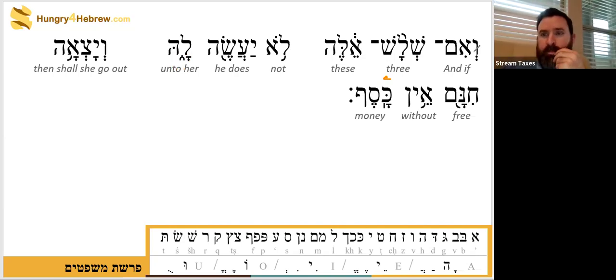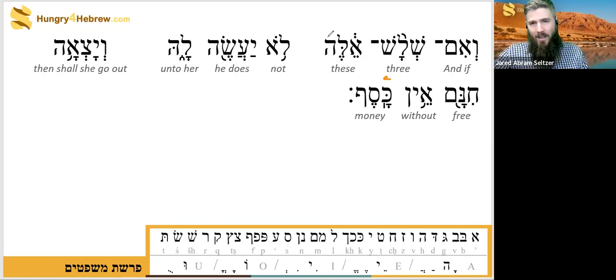Okay. Ve'im shlosh ele, and if the three of, where did the cholam go? It had to drop down because now it's in a closed, unaccented syllable. And if the three of these, lo ya'aseh lah, he will not or does not do for her or unto her, then v'yatza'ah, then she shall go out.